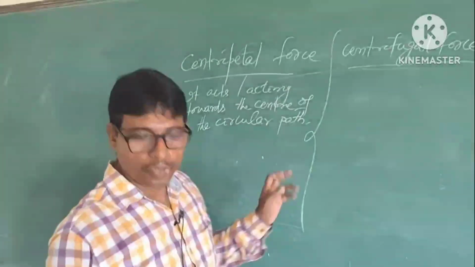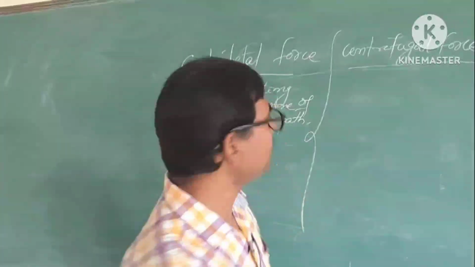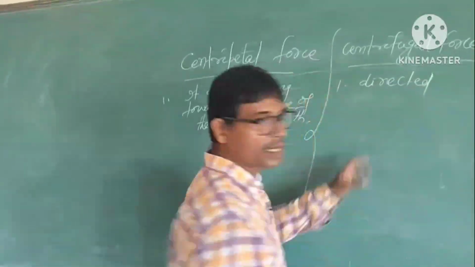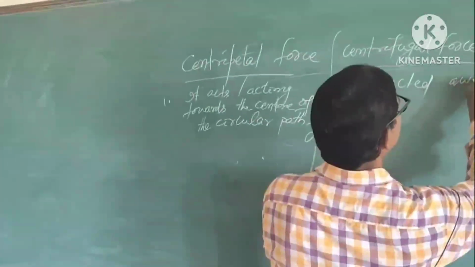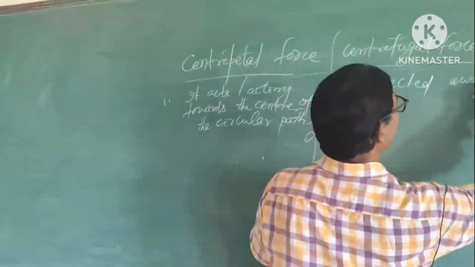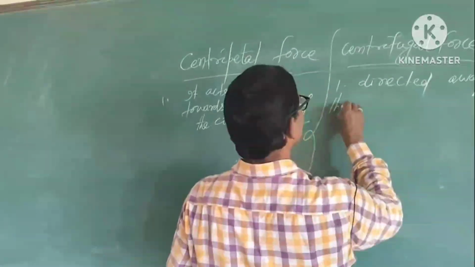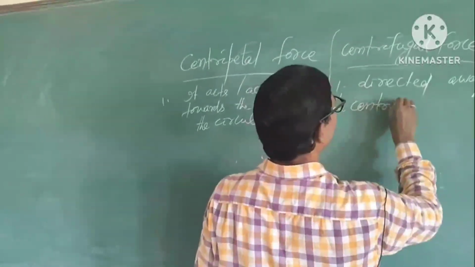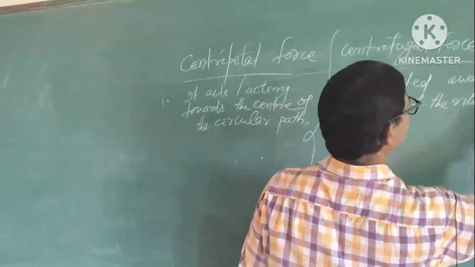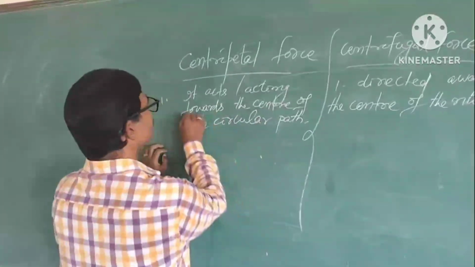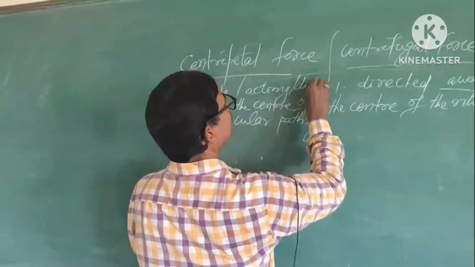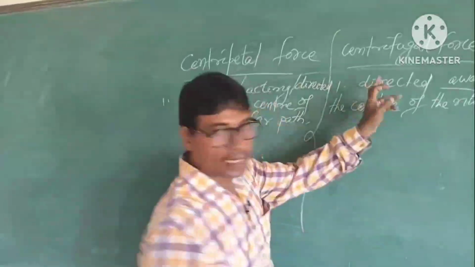Okay? Centripetal force. Centrifugal force is directed away. I am not writing complete sentences, I will give you notes. Directed away from the center, from the center of the nucleus. Okay? Acting towards or directed towards, directed away from.